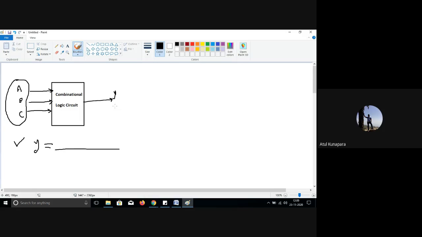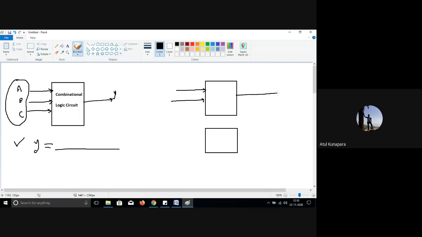But in the case of a sequential logic circuit, if I give you the diagram of a sequential logic circuit here, we do have some inputs here, right?